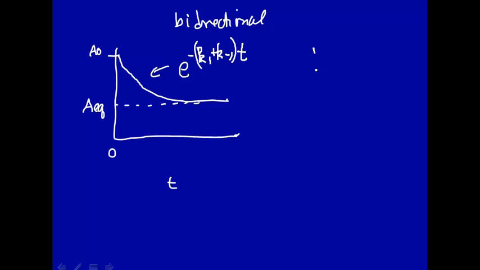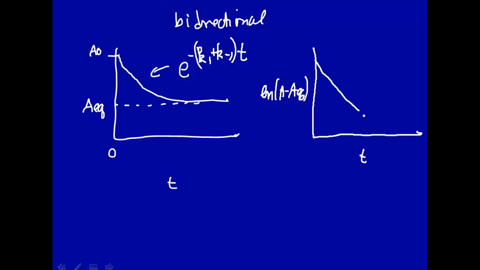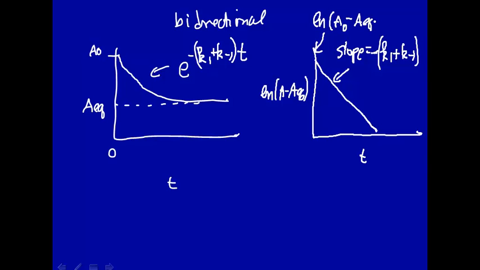Now to do the semi-log plot, you have to plot the natural log of A minus the equilibrium concentration of A versus time. Then you get a straight line whose slope is minus (k1 plus k minus 1), and whose intercept is the natural log of A0, the initial concentration, minus the equilibrium concentration.